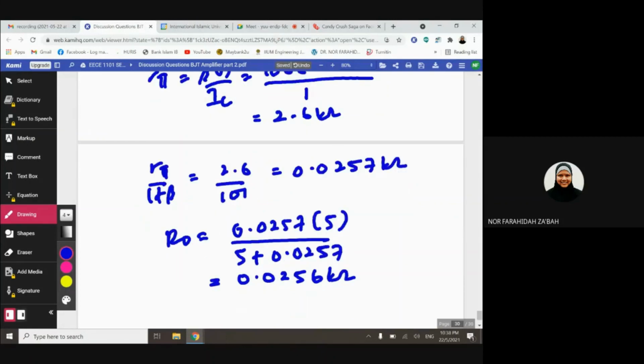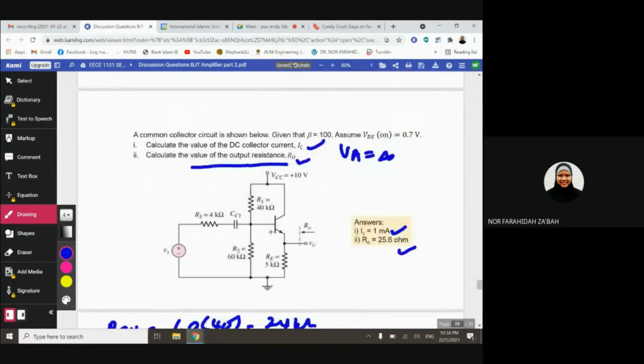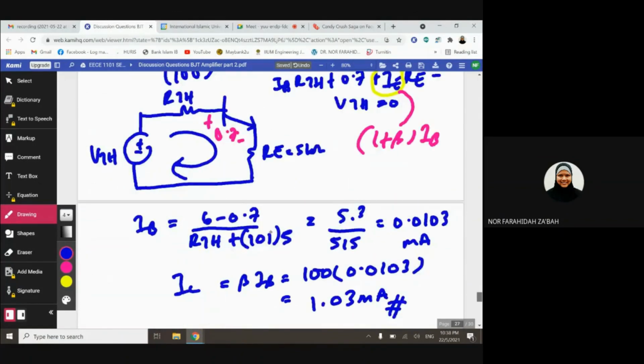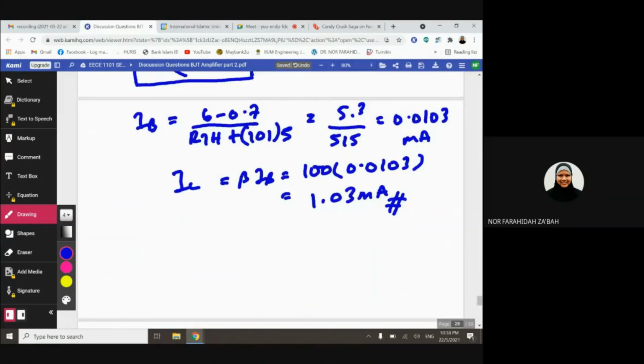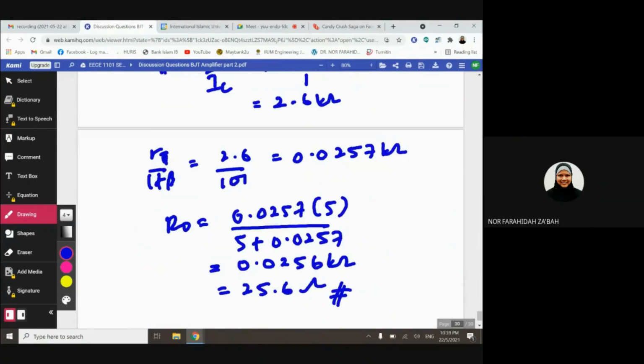If I convert to ohm, I will get 25.6 ohm. Alright, so I think that's the answer, 25.6, kan? Yes. But this is based on using IC of 1 milliampere. If you use IC 1.03, you will get a different answer. But of course, I will check your work. As long as the procedures are correct, you will get the marks.